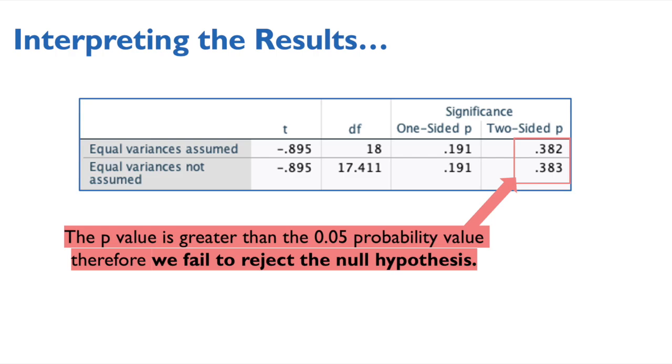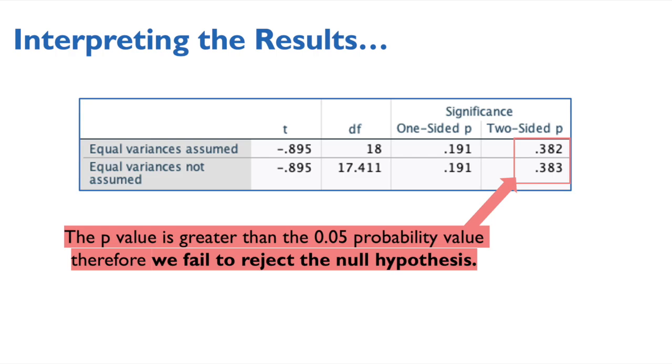Now moving on to the next slide, let's interpret these results. We have those three values that I talked about, the t-value, the degrees of freedom, and the one-sided and two-sided p-values. To really interpret these results, we are going to focus on the two-sided p-value. As you can see, the two-sided p-value is 0.382.